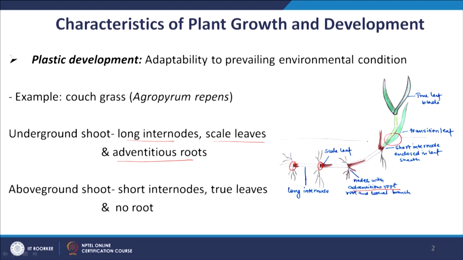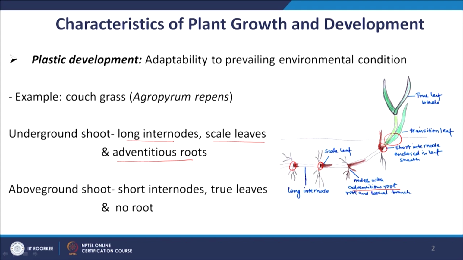But once this growing shoot reaches the ground and comes outside, it switches its developmental program. The first thing that happens is that it starts making short internodes, so the internode length is reduced. To do that, it has to change its basic developmental program.